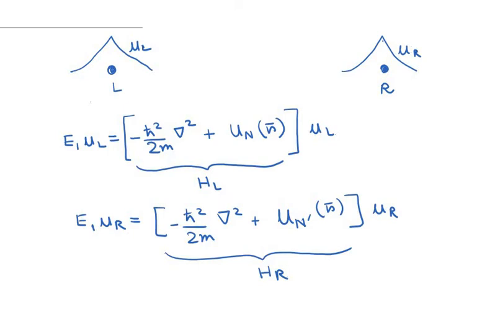Now these two atoms are brought closer to each other. Let me write it at the corner over here. And so their orbitals are basically overlapping. Same we have UL, UR.